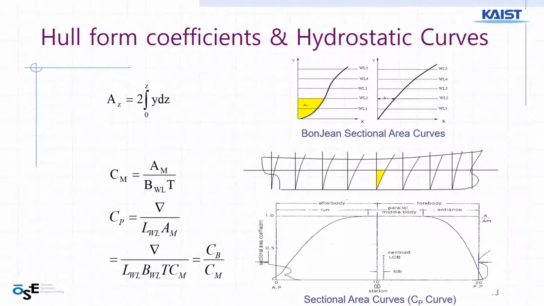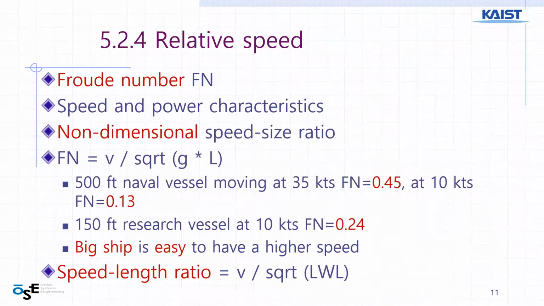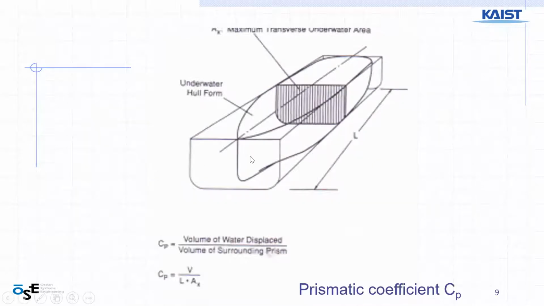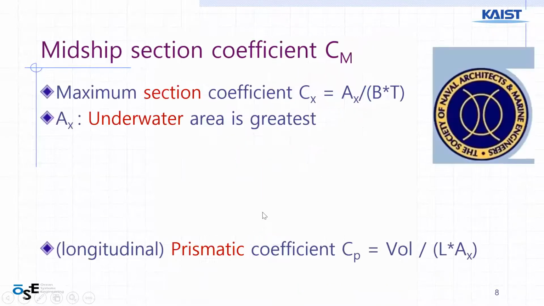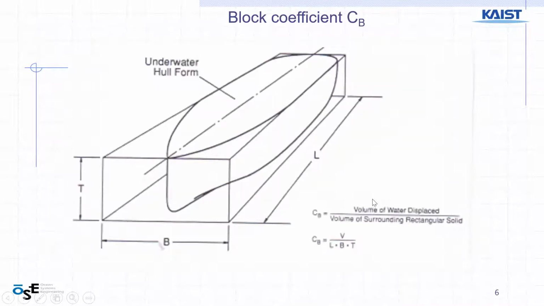Hull form coefficient and hydrostatic curves. Another thing you need to know as a designer is how much cargo can be carried and what the buoyancy of the ship can be. Then you need to calculate the underwater body volume. As you remember from all the definitions of coefficients, you need the underwater volume of the ship, the volume of the displaced water.